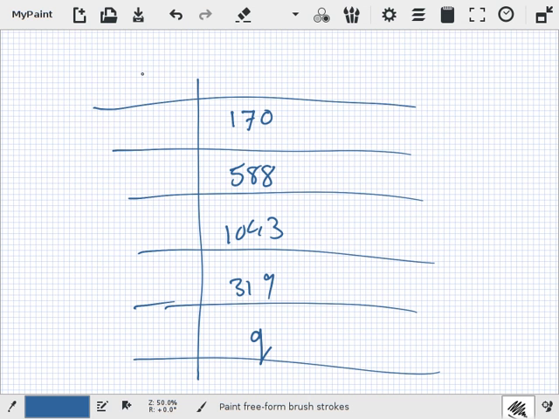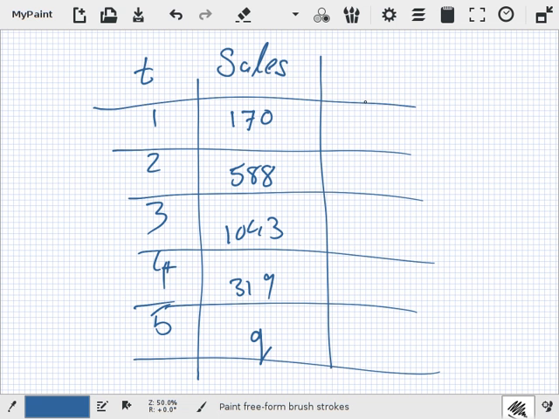And here's the time, so 1, 2, 3, 4, 5. Time series, yeah. And this is sales. And this is average. Average of 4. So here they have 1, 2, 3, 4, and they just write the average here.